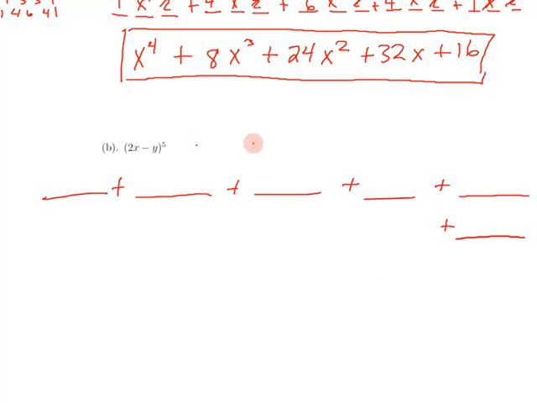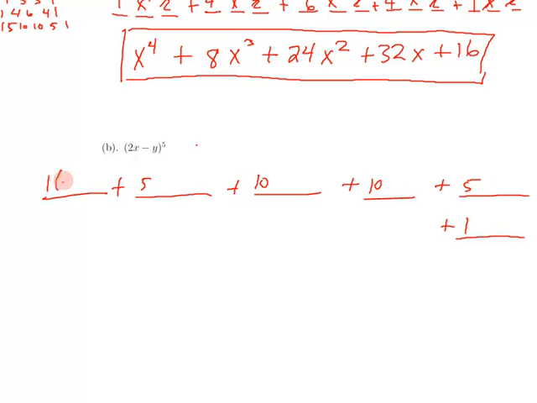Now what does the fifth row of Pascal's triangle look like? Now I'm going to borrow this and just keep going. That was the fourth row. So 1, 5, 10, 10, 5, 1 is the next row. So 1, 5, 10, 10, 5, 1 are those terms.